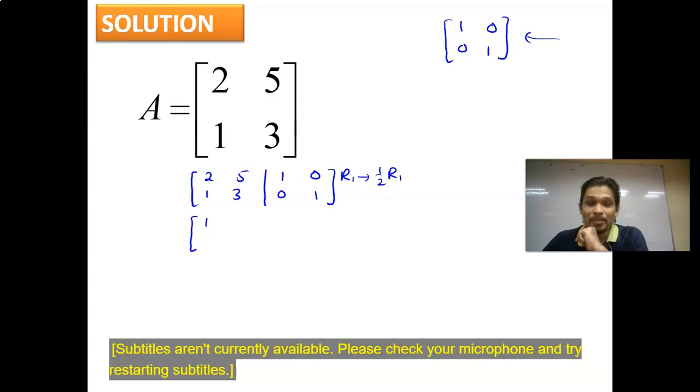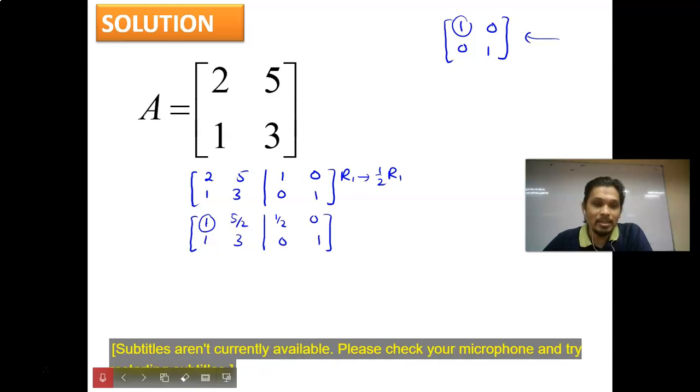Am I right? So then this 5 here becomes 5 over 2, 1 multiplied with half is 1 over 2, and 0 times half is 0. So the instruction is just for row number 1. What about row number 2? Nothing changed, so we just rewrite 3, 0, 1. The first person, A, might use this instruction to get the 1 here.